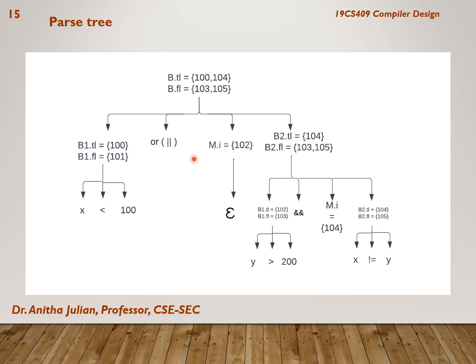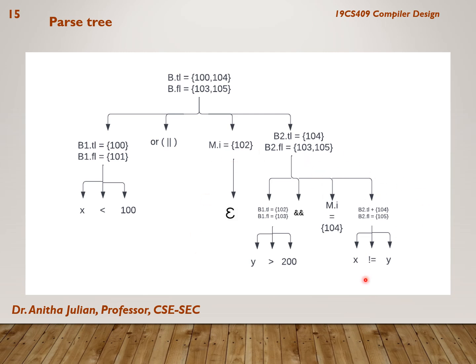We know that the production has been modified. Let's say you assume it as E, E arrow E1 or E2. Here it is given as B. So B arrow B1 or B2, we will be having the M quad. So B arrow B1 or M B2.